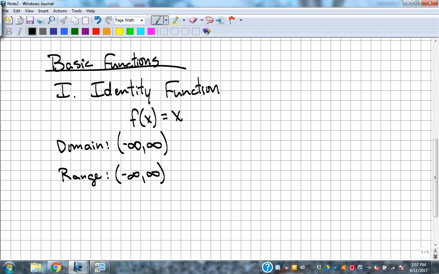I'm going to draw the graph of that beside there. The graph of the identity function is a line. It goes through the origin.